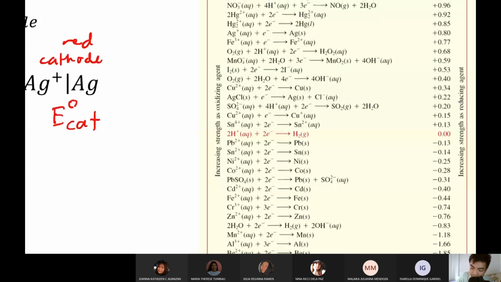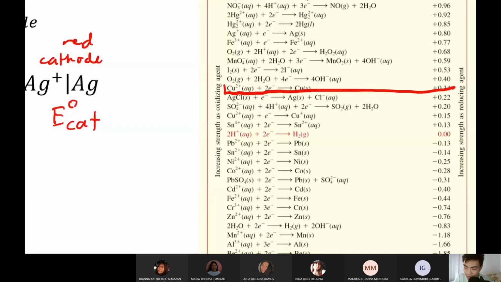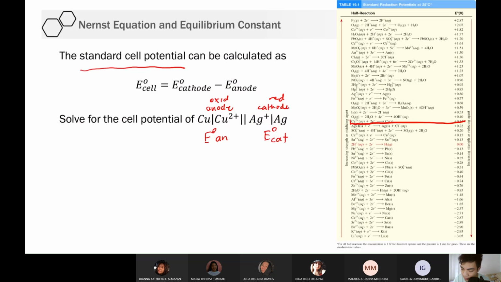Ito, so, this is the equation for... wait lang. Highlight ko na lang. Hindi pa nagpantay.